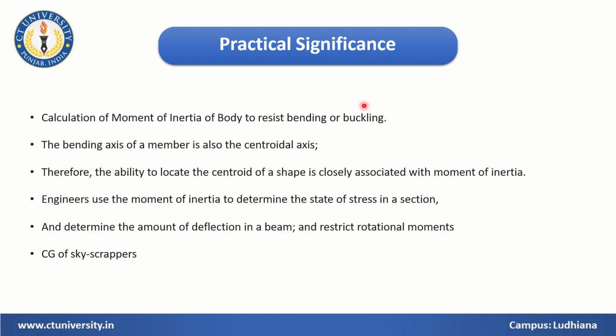This is more concerned with the bending of some products, bridges, machine components. We calculate moment of inertia later on, but for calculation of moment of inertia, right, we need the centroidal point, this single point or CG point. So calculation of moment of inertia is very critical, and for this calculation, we need the centroid, right?